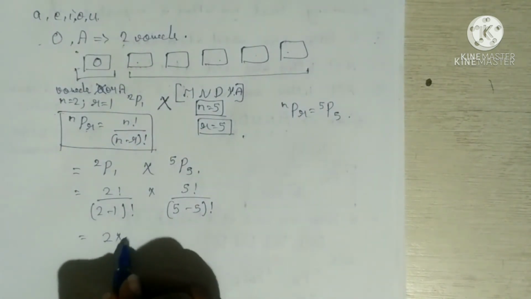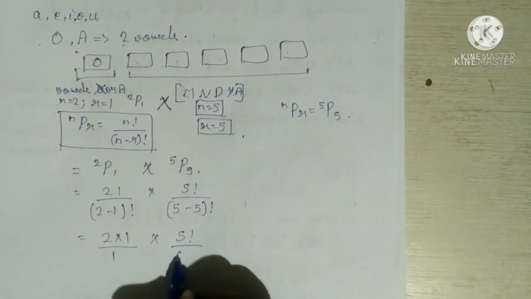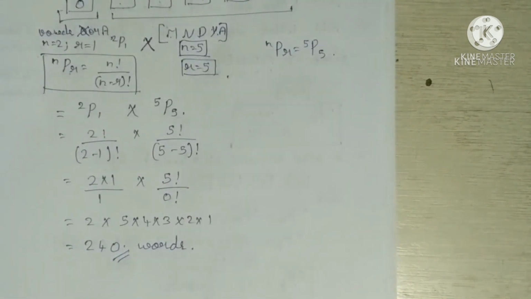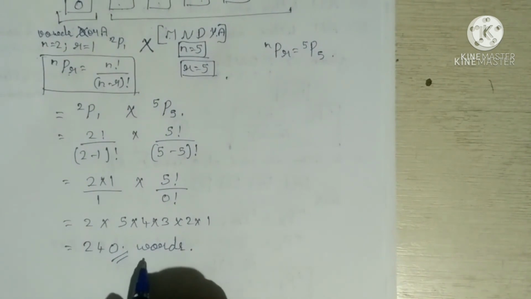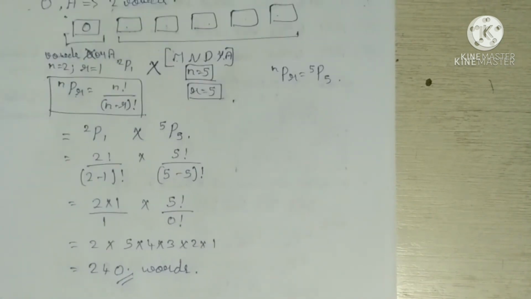You will get 2 into 1 by 1 factorial into 5 factorial by 0 factorial. You will get 2 into 5 into 4 into 3 into 2 into 1, which is nothing but 240. 240 words is the answer. 240 words can be formed with or without meaning, where the first letter is a vowel.